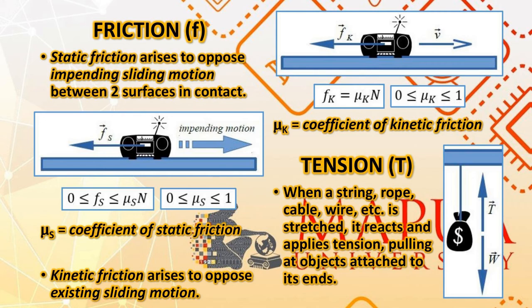So if, say, you suspend an object from a string as shown in the figure, due to the weight of the object pulling it down, the string is being stretched. The string will react by applying tension T.